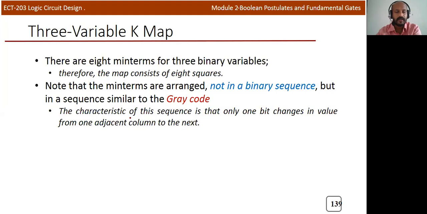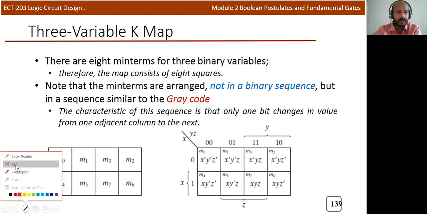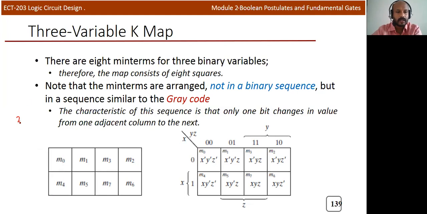If you consider a three variable K-map, just like in the case of two variables, 2 squared gives you 4 different combinations.